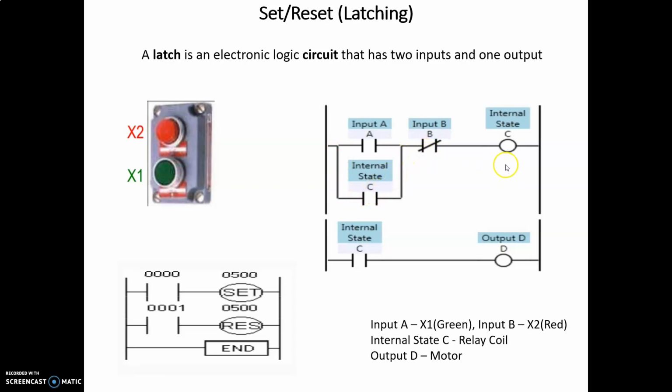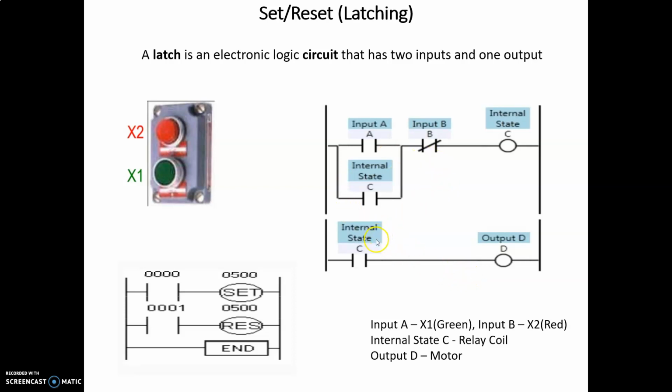As there is no supply here, there will be no connection to this relay coil C. So it gets de-energized, and in return it will de-energize this C also and this also. When this becomes de-energized, this becomes an open switch here. So there will be no supply here, and in turn no supply to this motor T, right?